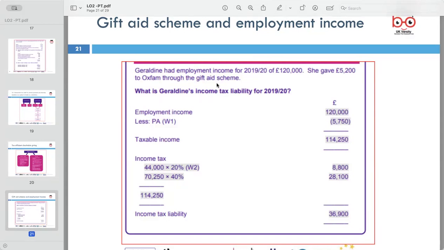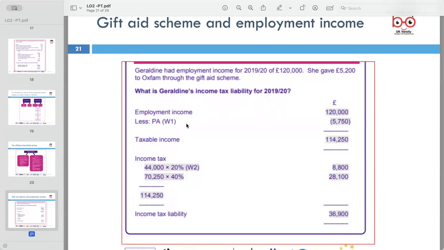She gave 5,200 pounds to Oxfam through the gift aid scheme. So for her tax liability for 2019-20, her employment income is 120,000 pounds. For personal allowance calculations, the basic personal allowance for the tax year is 12,500.